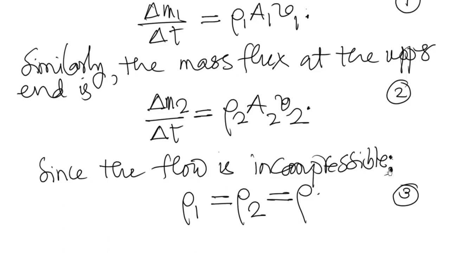So the mass flux at the lower end of the pipe must be equal to the mass flux at the upper end of the pipe.